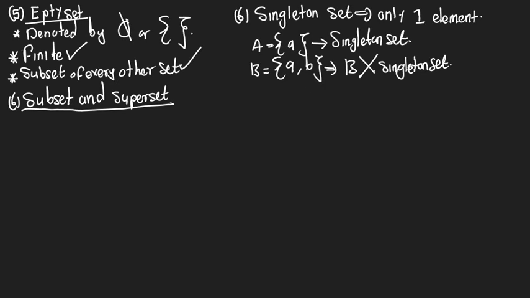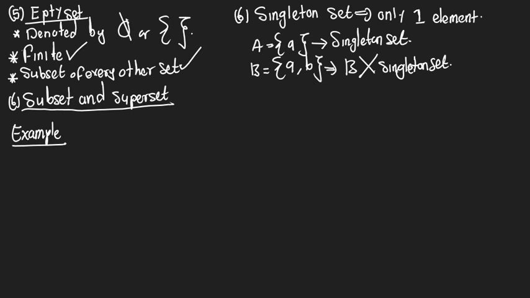If all the members of set A are in B, then we say that A is a subset of B. And if there is one element in B which is not in A, then we say that B is a superset of A.